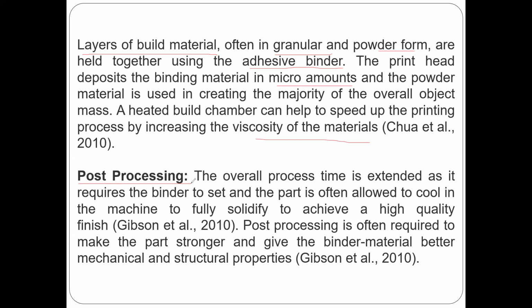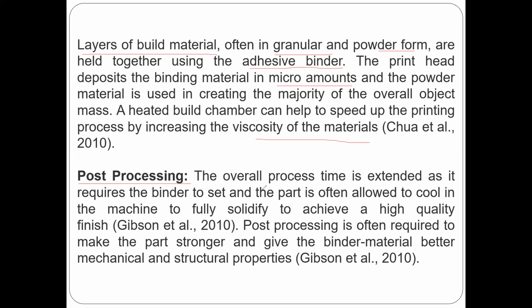Post-processing can be depowdering, for example, where you need to get the sample out of the powder because it is enclosed in the chamber and surrounded by powder itself. You need to get the part out of the surrounding powder particles.